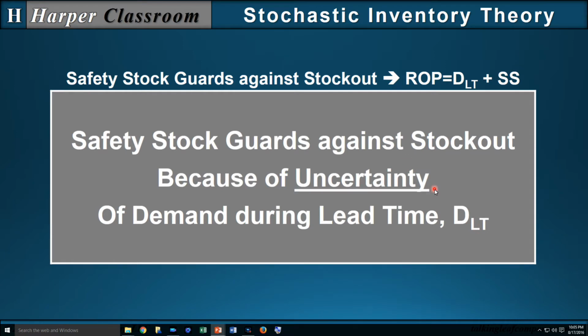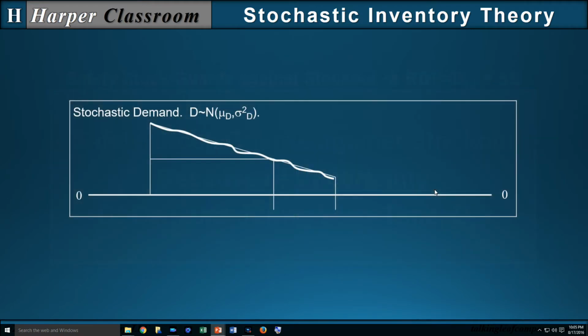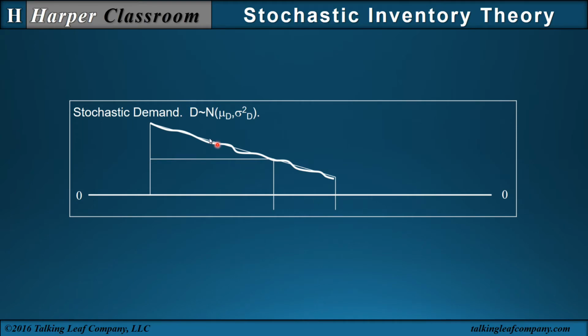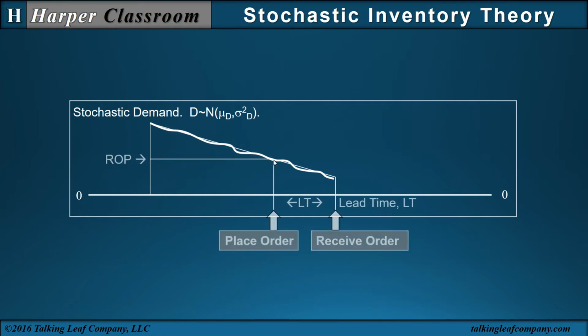We'll look at the uncertainty by modeling it with a normal distribution. So for stochastic demand following a normal distribution with a mean, mu, and variance sigma squared, our inventory level no longer is a straight line, it varies randomly. At ROP, we place an order and then we receive an order, and our lead time is the difference between placing and receiving an order.